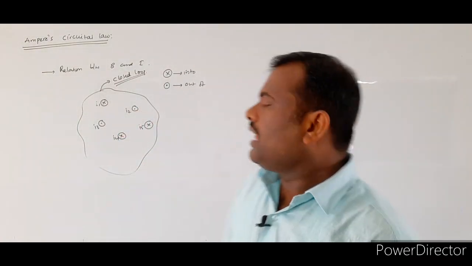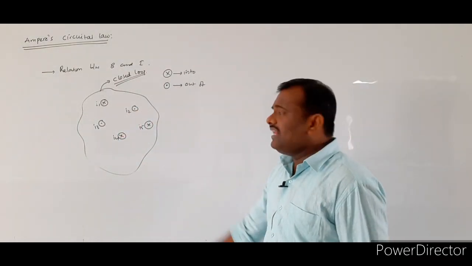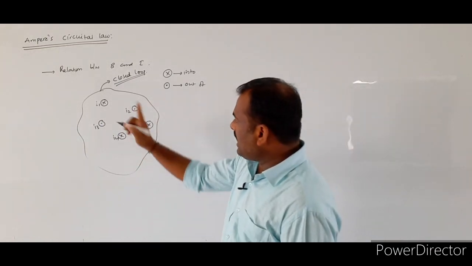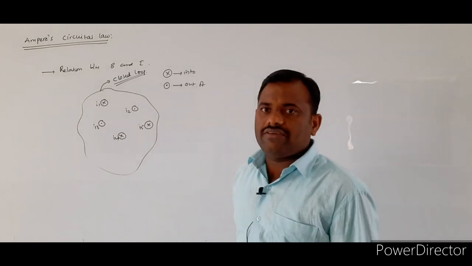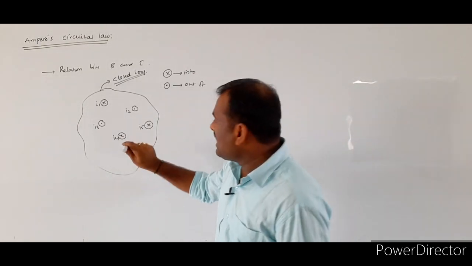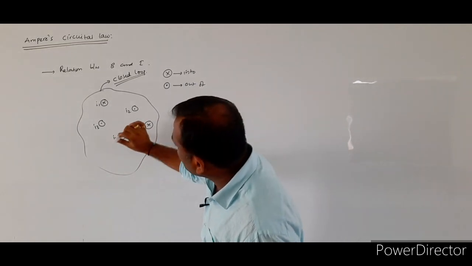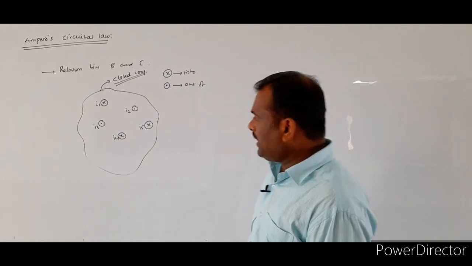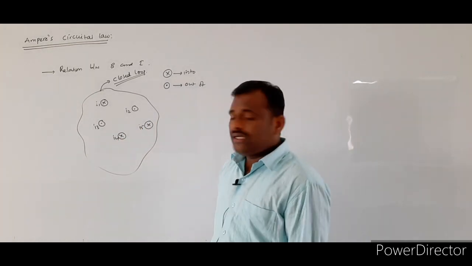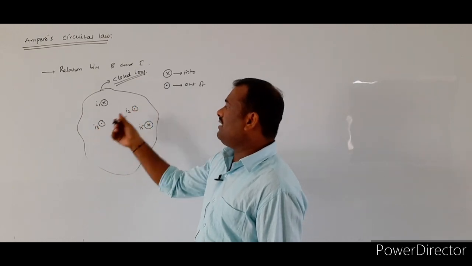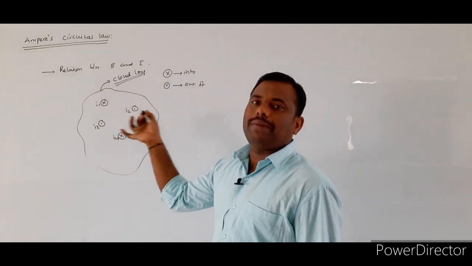I consider 5 different current carrying conductors. Inside the closed loop, how many current carrying conductors are considered? 5 different current carrying conductors are considered. Out of them, in I1, I4, I5, these 3 current carrying conductors, current is passing into the plane of the paper, whereas the currents in I2, I3 will be coming out of the plane of the paper.